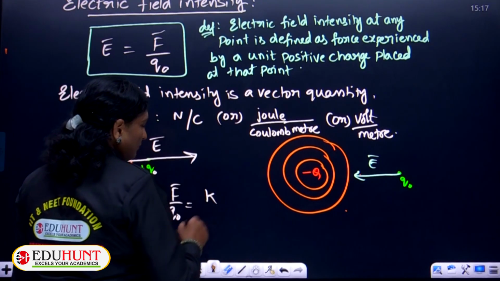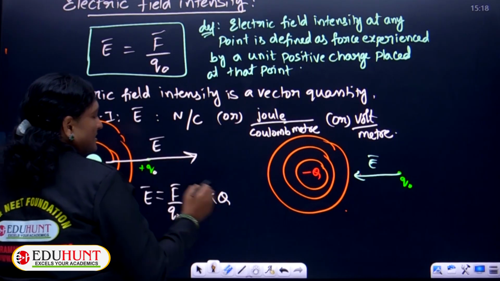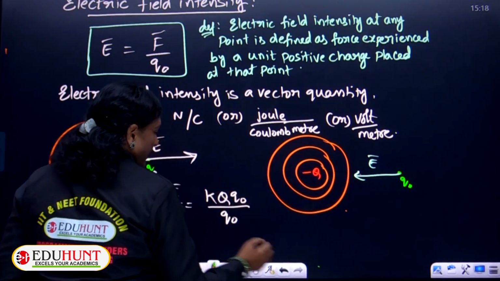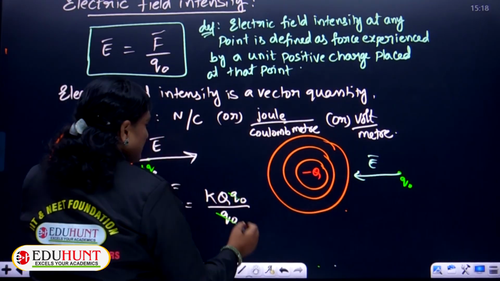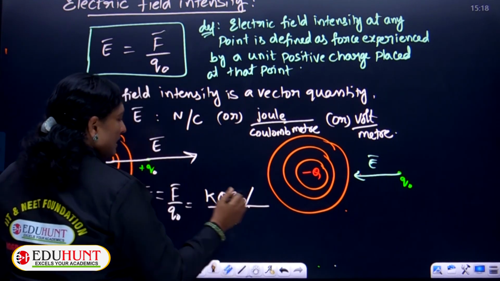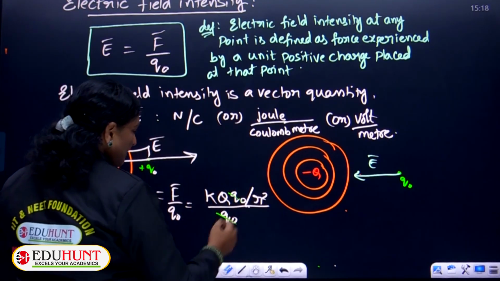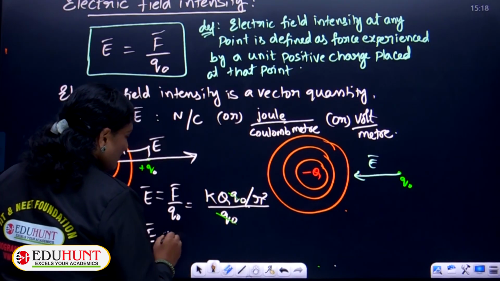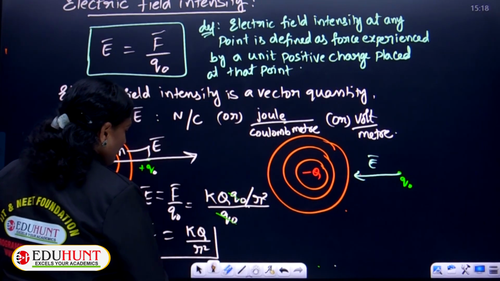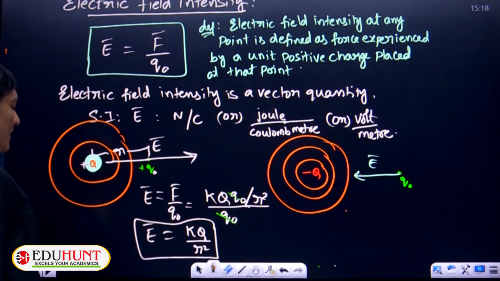Dividing by Q0, we get the electric field intensity as KQ by R square.